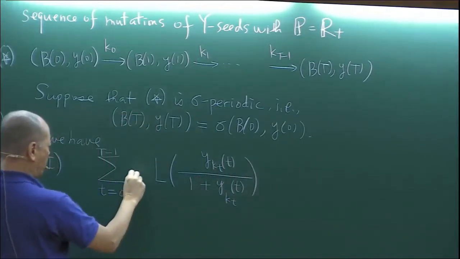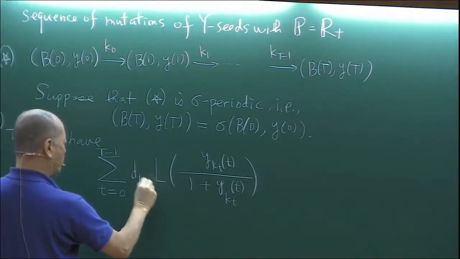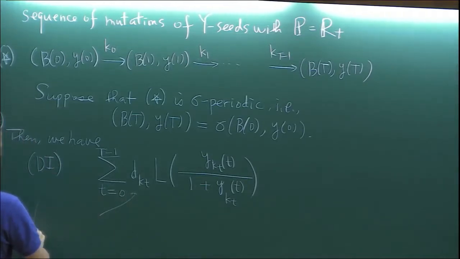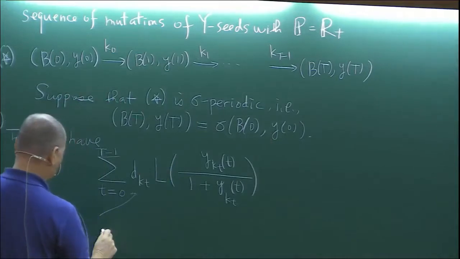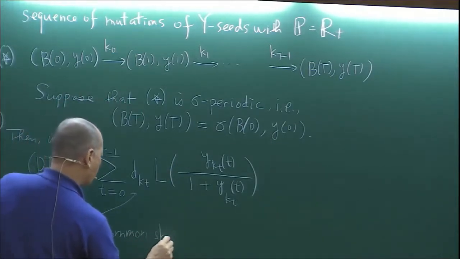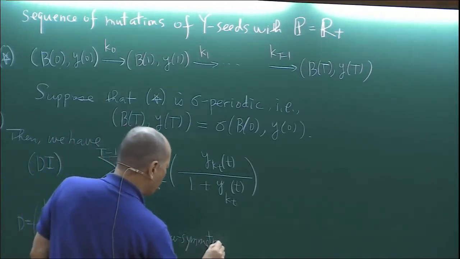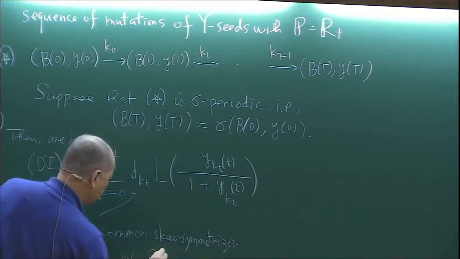And you sum up with some integer weight where D is a diagonal matrix, which is a common skew-symmetrizer of these skew-symmetrizable exchange matrices.